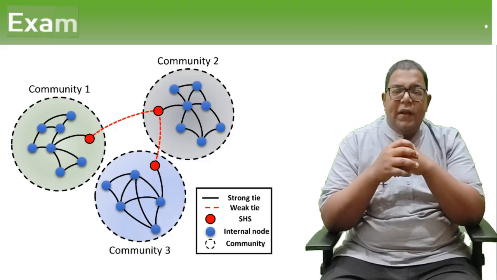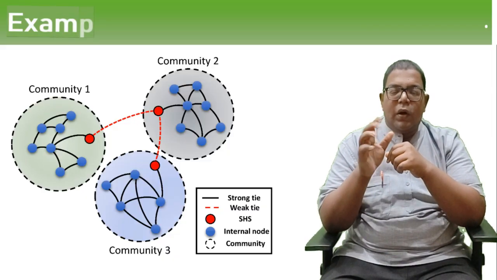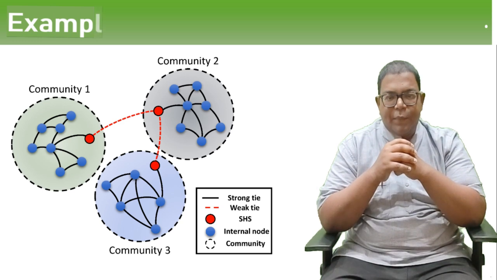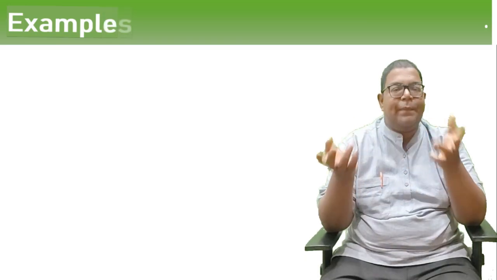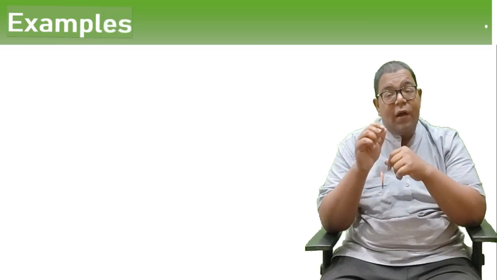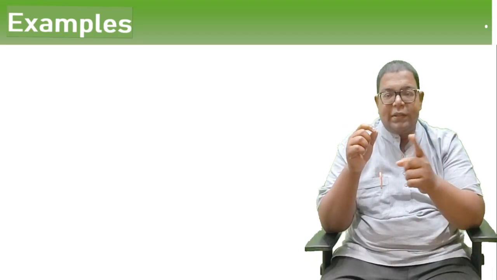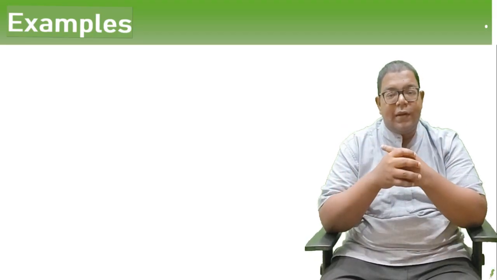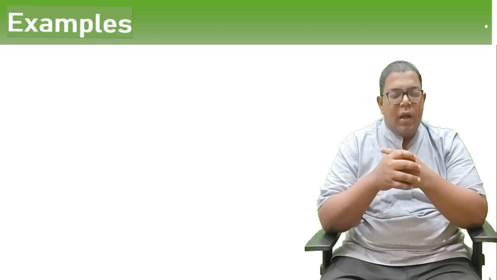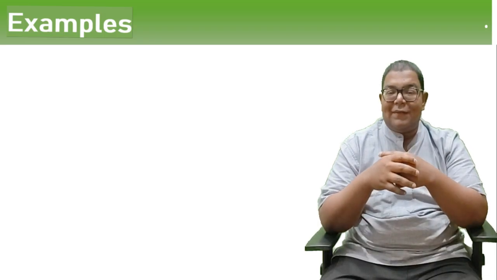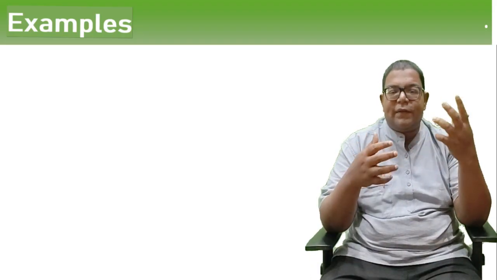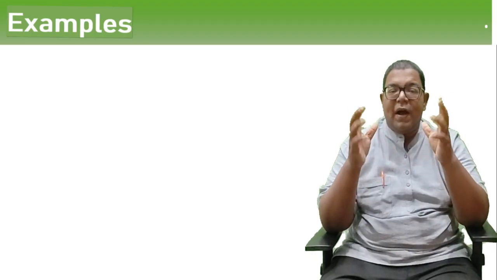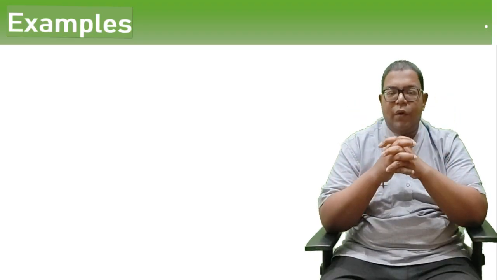So finally, let's look at an example of local clustering. Suppose on Instagram, say you follow 10 people. If 9 of those people also follow each other, your local clustering is very high. In a workplace Slack channel, if everyone in your team communicates with each other, you have a high local clustering coefficient.